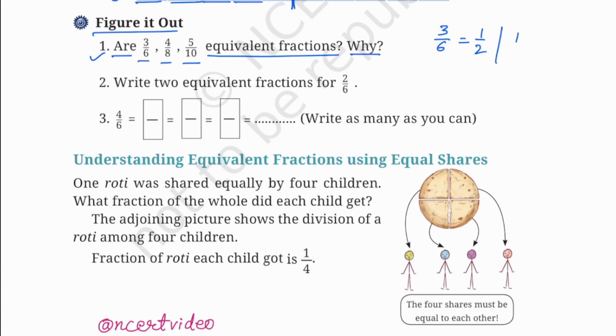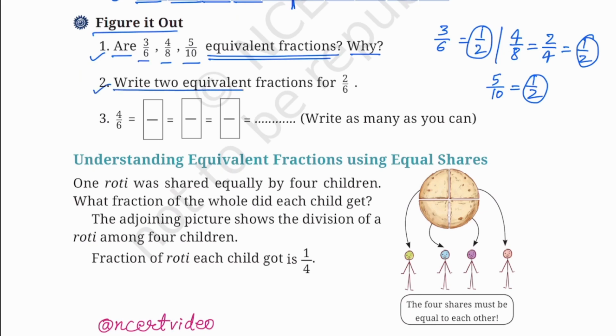Or 4 upon 8, if you divide numerator and denominator by 2, you will get 2 upon 4. Again by 2, you will get 1 upon 2. Similarly, for 5 upon 10, if you divide numerator and denominator by 5, you will get 1 upon 2. Since all are equal to 1 upon 2, they should be equivalent fractions.